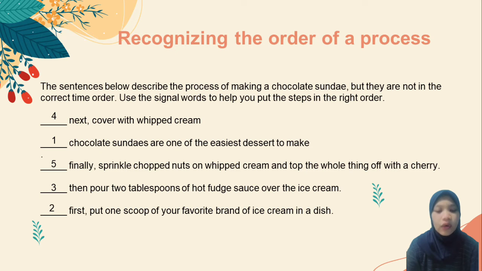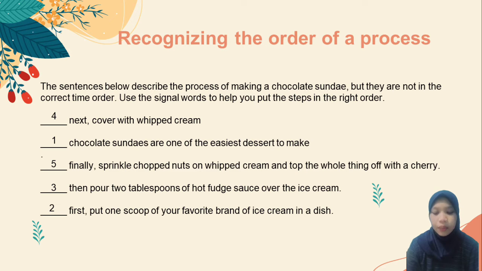Recognizing the order of a process. The sentences below describe the process of making a chocolate sundae, but they are not in the correct time order. Use the signal words to help you put the steps in the right order. 1. Chocolate sundaes are one of the easiest desserts to make. 2.